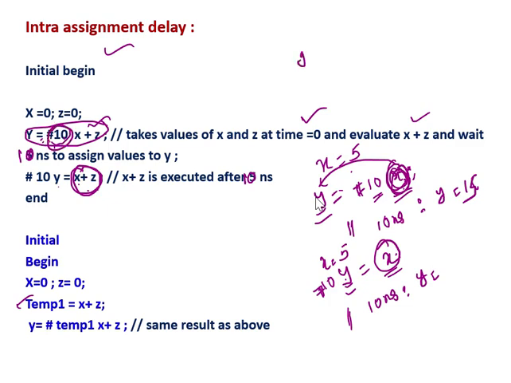So y equal to hash 10 x is the intra assignment delay, and if I write hash 10 y equal to x, this is an inter assignment delay. I will cover the details of inter assignment and intra assignment delay.